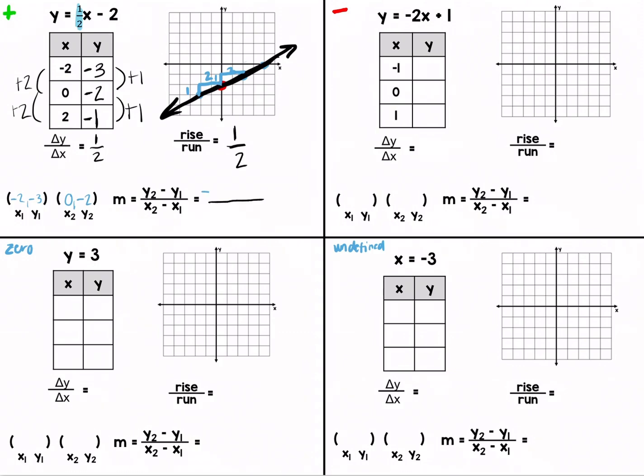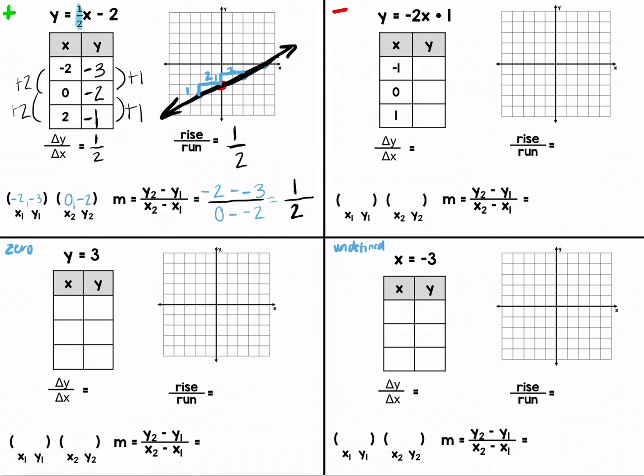So that's -2 minus -3, over the x2 minus x1, 0 minus -2, which equals, so -2 minus -3 is +1, and then 0 minus -2 is +2, because remember, a double negative is positive. So my slope is +1/2. Okay, so you can find slope from a table, from the equation, from the graph, or from 2 points.